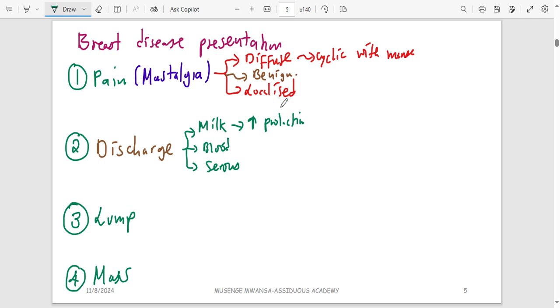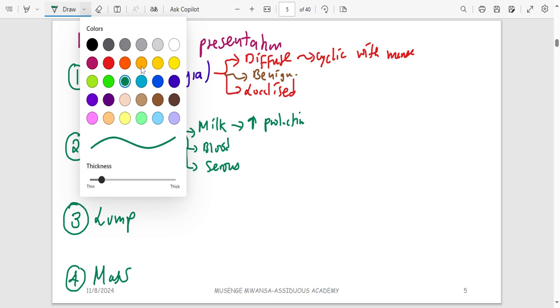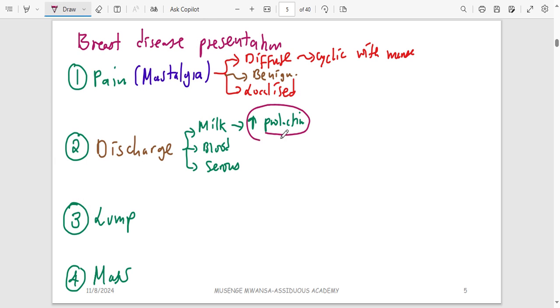And we have said it is not always malignant. But then, what do you think can cause an increase in the production of prolactin? Remember, prolactin is produced from the anterior pituitary gland. So, what are some of the things that can cause the production of prolactin so that we can have a discharge of milk from the breast? Anyone?